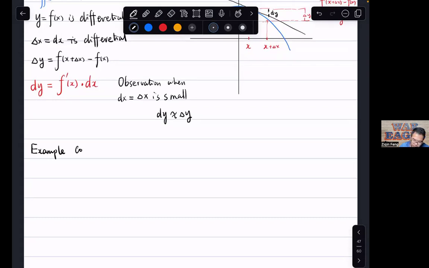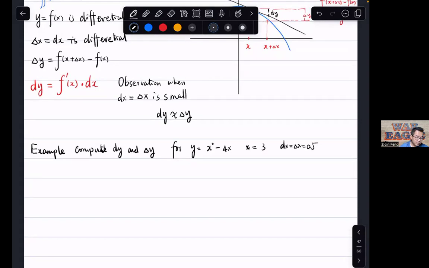We want to evaluate dy and delta y for y equal to x squared minus 4x when x equal to 3, where dx equal to delta x equal to 0.5. When you change your x value from 3 to 3.5, what's the change of y?